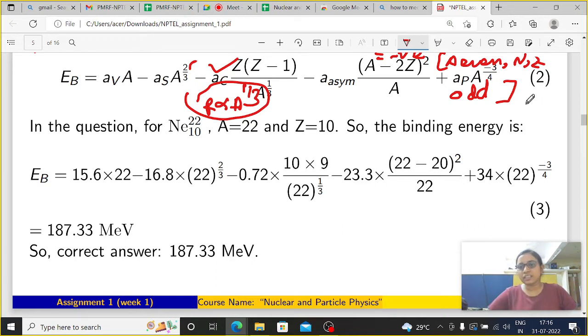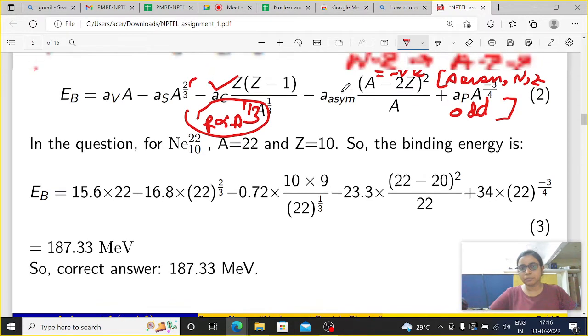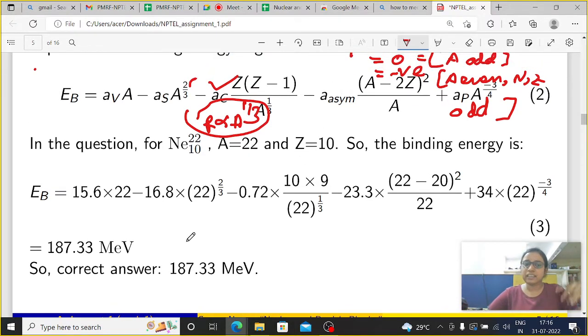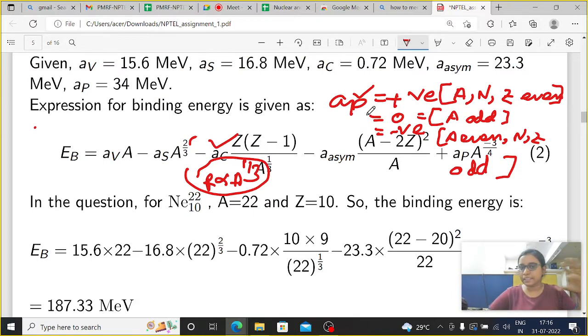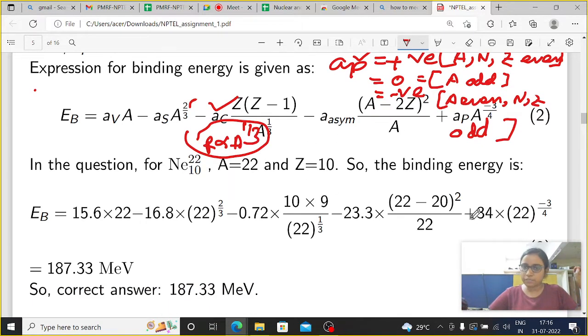In equation number 2 the main variables are Z and A. By putting Z and A we can get the value of binding energy, but we have to consider the value of AP, the pairing coefficient, for our binding energy calculation. As it is given as neon 10, 22, all three terms are even. So equation number 2 has a positive value of AP, which we have calculated as positive 34.